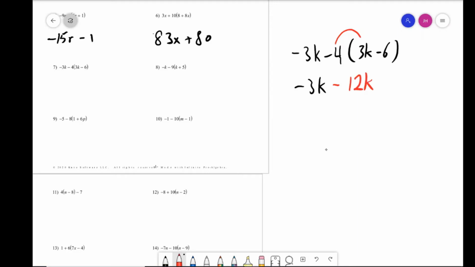The second distribution will be -4 times -6. Altogether, that gives me positive 24. Combine like terms right here. -3 minus 12 is -15k plus 24. Let me put the answer here first.